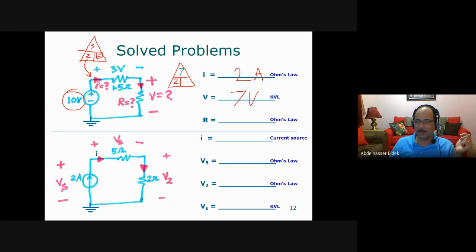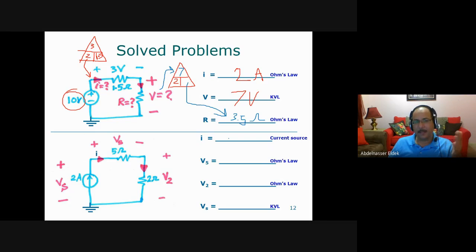The voltage is 7 and the current is 2 ampere. Then 7 divided by 2 will give you the resistance. So what is the resistance now? 7 divided by 2 is 3.5 ohm.